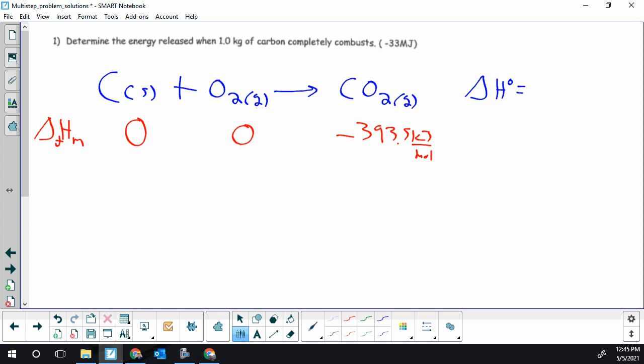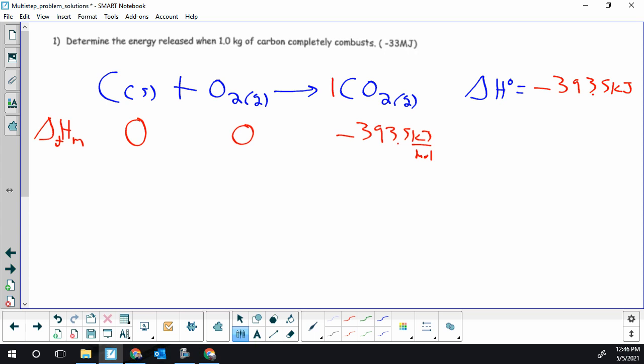Because there's only 1 mole of carbon dioxide in this reaction, the enthalpy change for this reaction will be minus 393.5 kilojoules for that 1 mole.